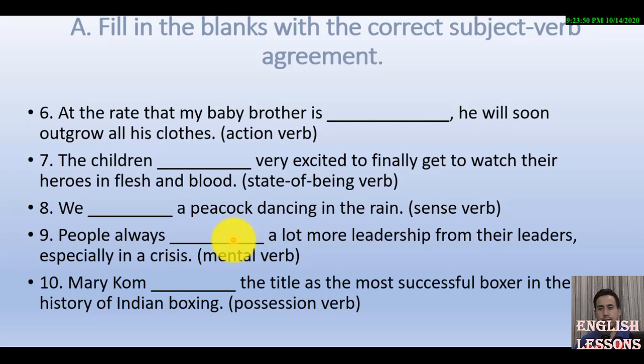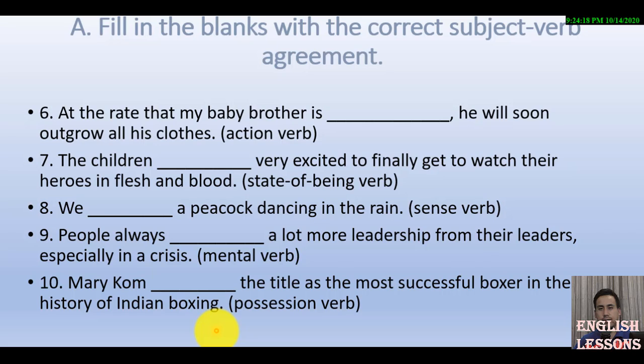Plural verb expect, singular verb expects. So people always expect a lot more leadership from their leaders, especially in a crisis.